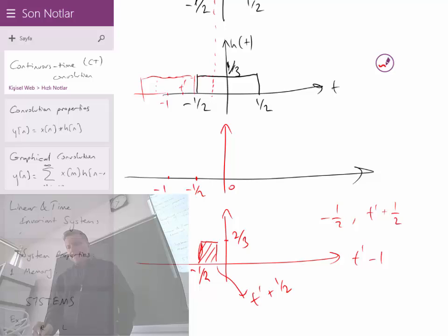-1/2 minus t prime plus 1/2 is minus t prime minus 1. And minus t prime is where is it? Minus t prime. T prime is here. It must be somehow minus t prime plus 1.